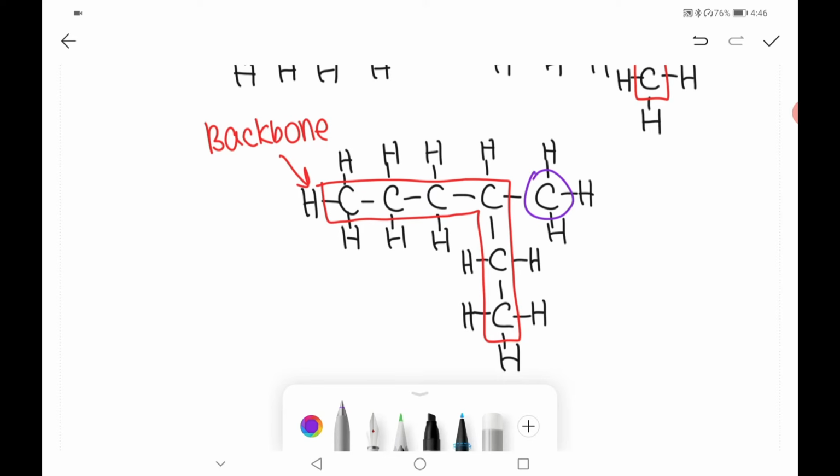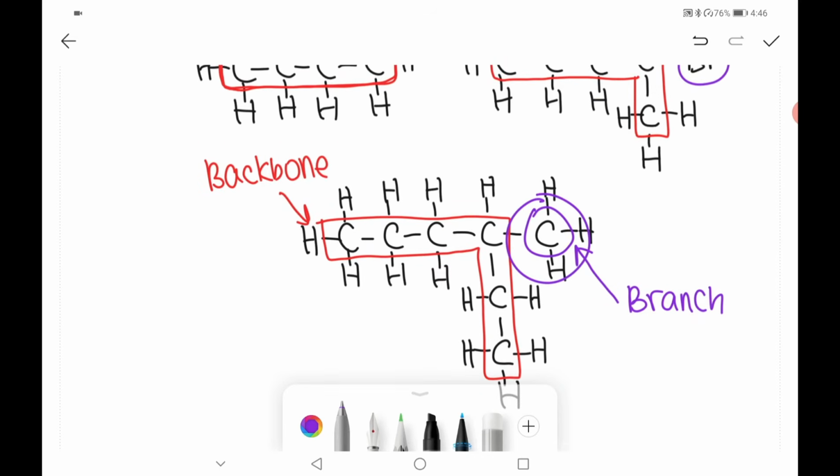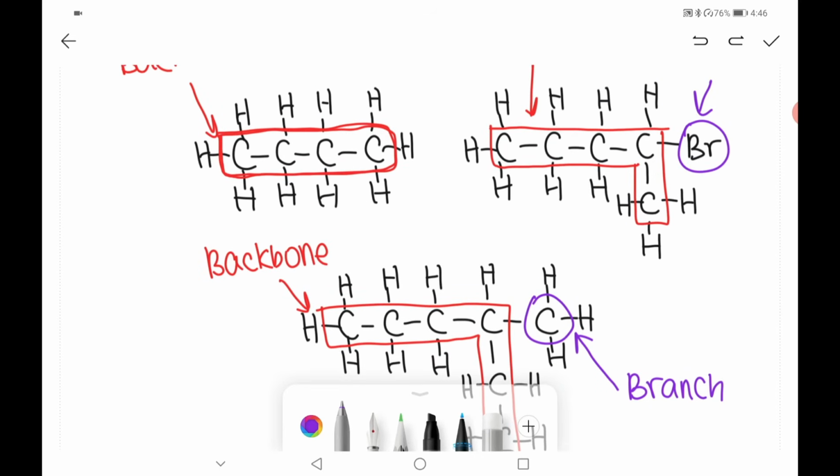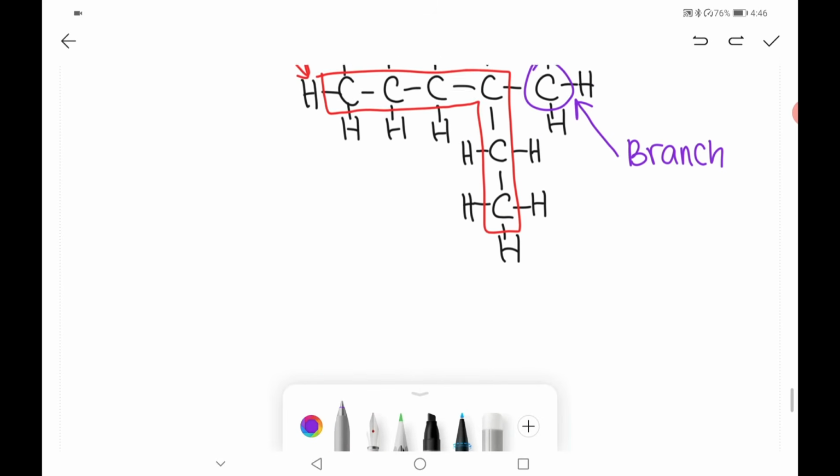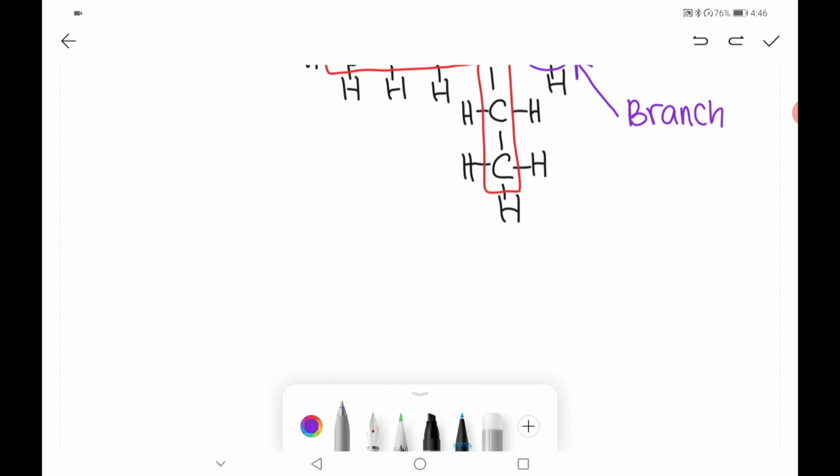This carbon is not inside the backbone, so this carbon is a branch. You can see your branch can be a carbon, or a bromine. Your branch can be anything as long as it's not inside the backbone, except hydrogen.